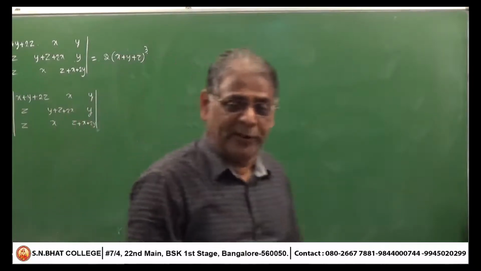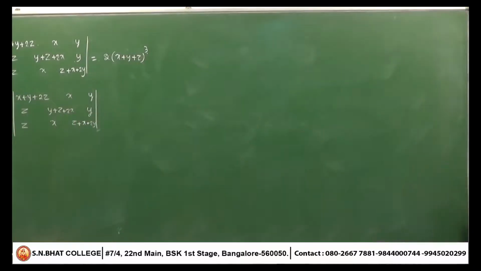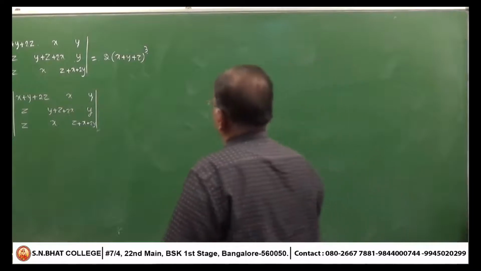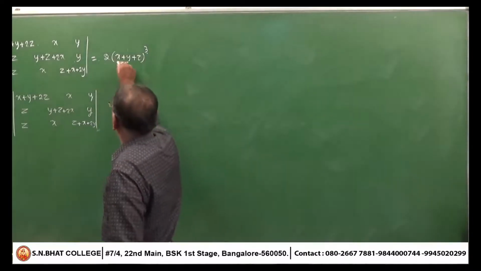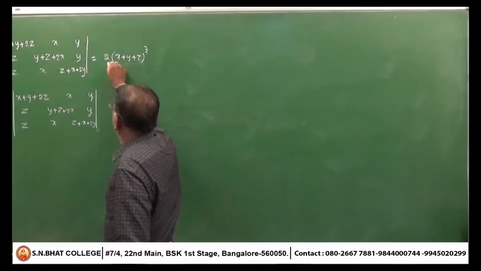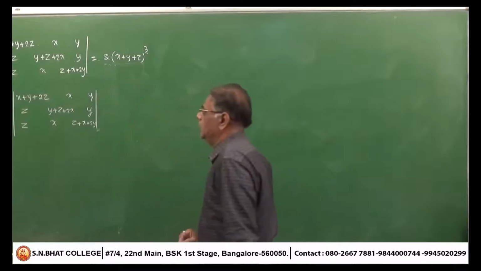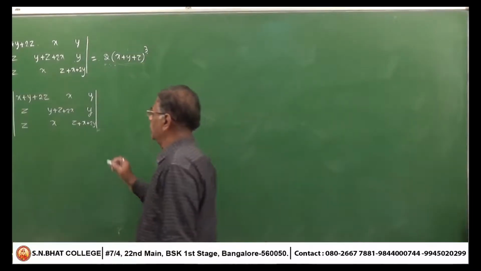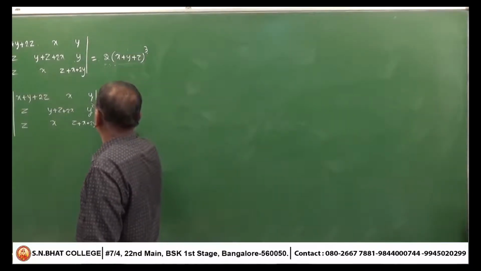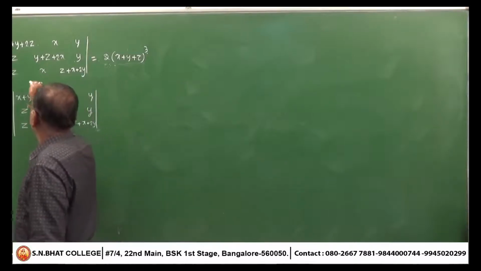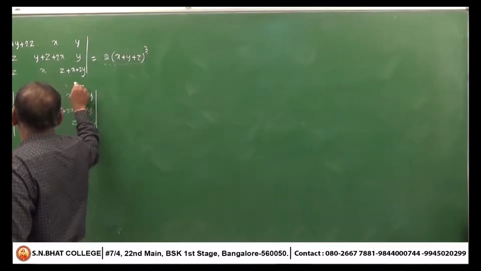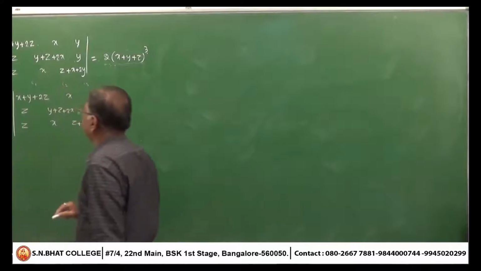See, the left hand side determinant is written. In the answer, I should get 2 into (x plus y plus z) as a common factor, including 2. See all the three rows, R1, and all the three columns, C1, C2, C3.